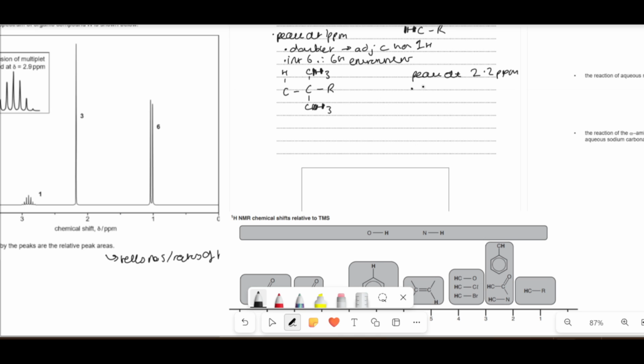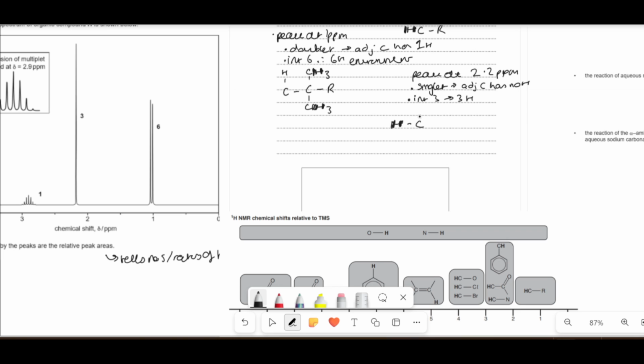Again, we're going to look at its characteristics. We know it's a singlet, so the adjacent carbon has 0 hydrogens. I'm going to write no hydrogens just because I don't want it to look like I'm saying OH. And as well as that, its integration is 3, so it's got 3 H's, right? If I look at the data sheet, it's this one here because they've told us that there is nothing else but carbonyl in it. So what's been picked up is this carbon with its hydrogen.